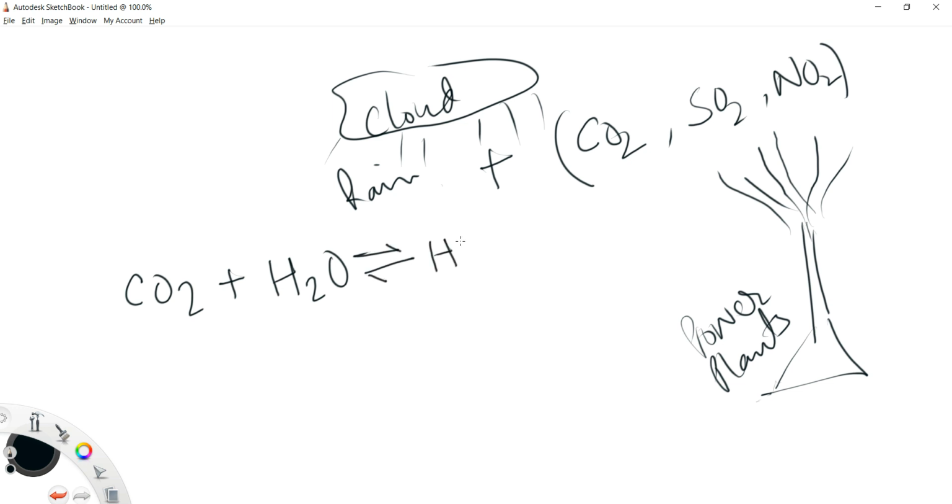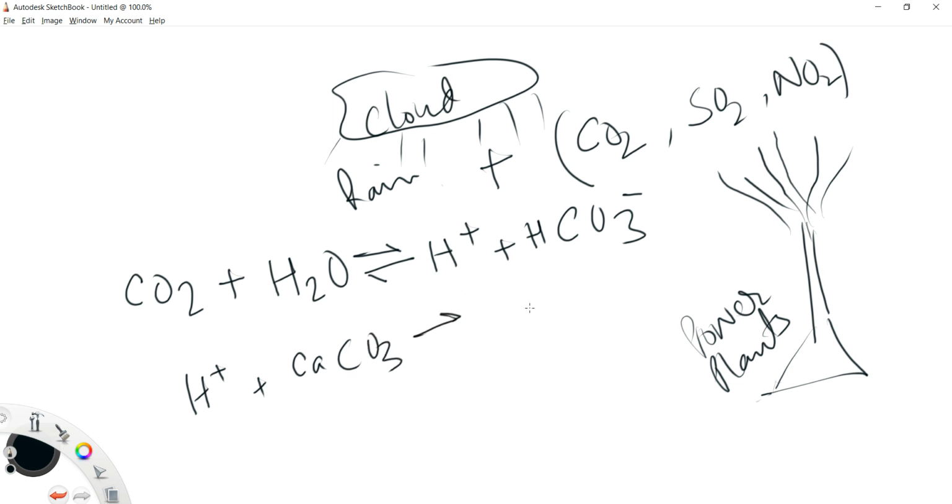This goes in both directions, and this can combine with, so this is what happens.